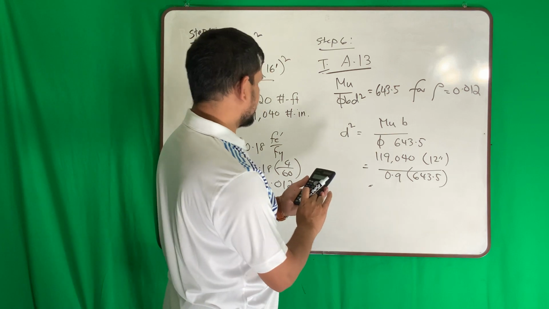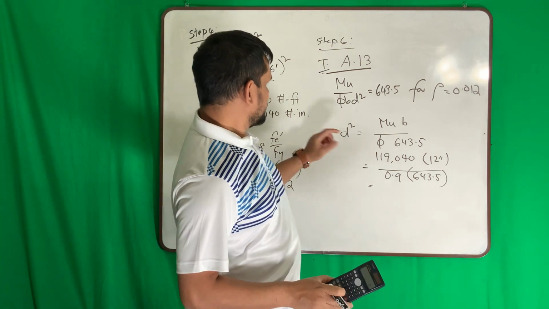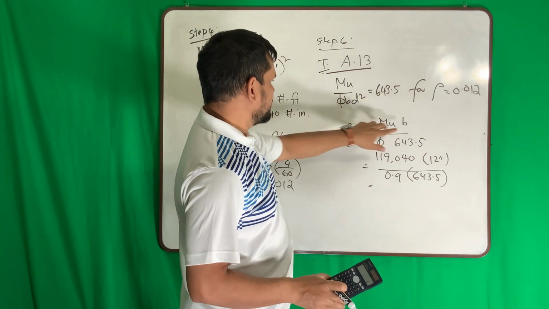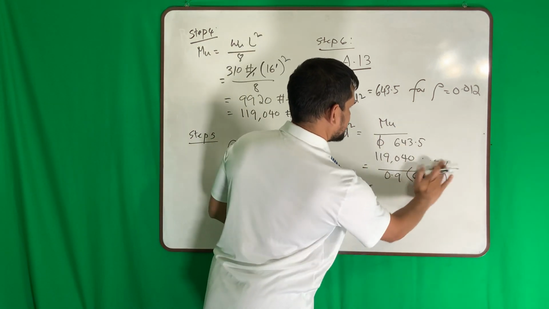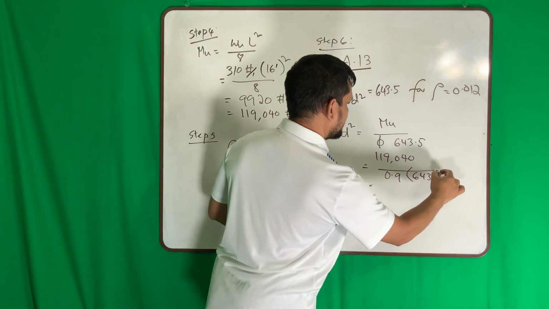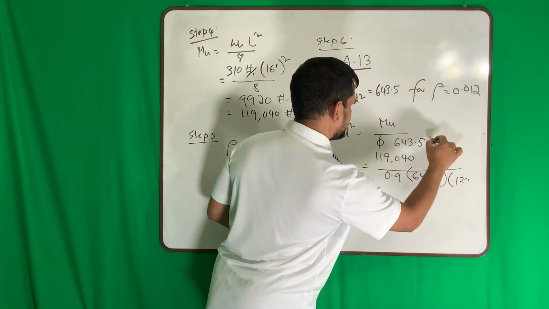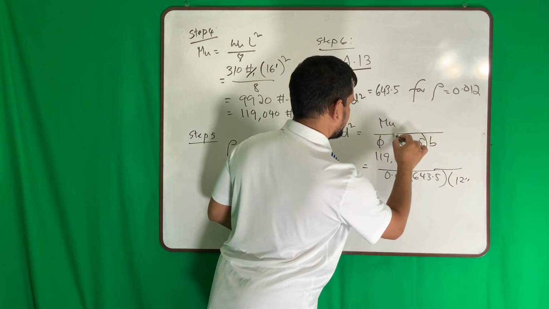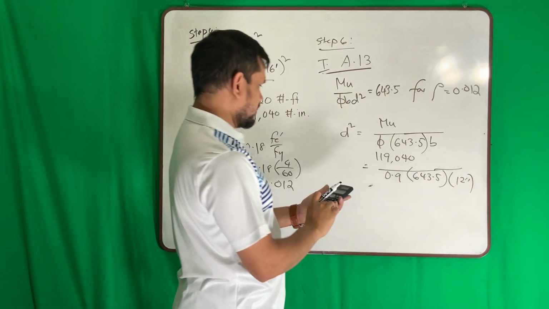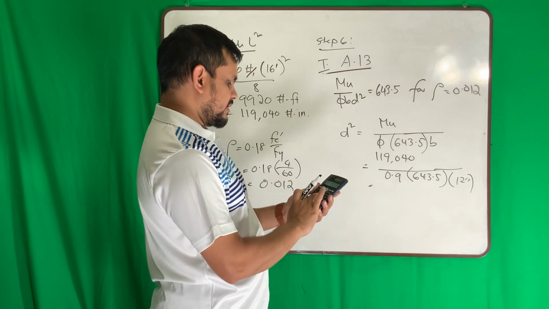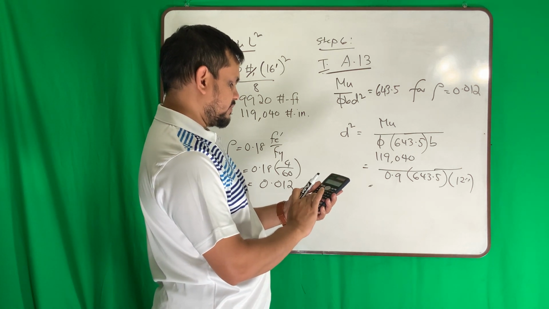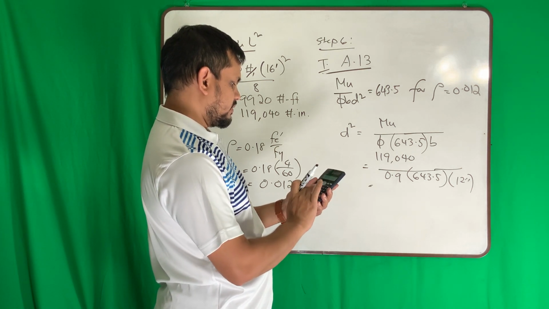Something wrong, let me check the calculation. So d square will go, oh, b will go down, sorry, b will go down. That means not here, b will go down, 12 here. So 119,040 divided by 0.9 divided by 12 divided by 643.5.